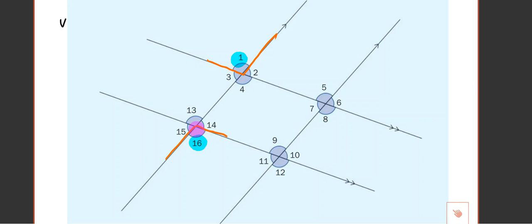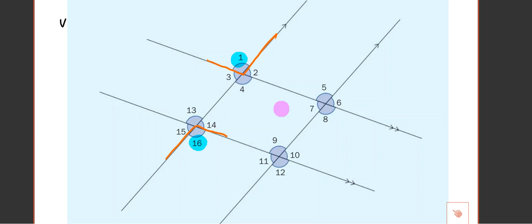Yeah, it's vertically opposite to a corresponding angle. That's another way. So Micah said 4, but we said, well, no, because that one's vertically opposite. So if we take one that corresponds to 4, we've got that. So 8 and 9.